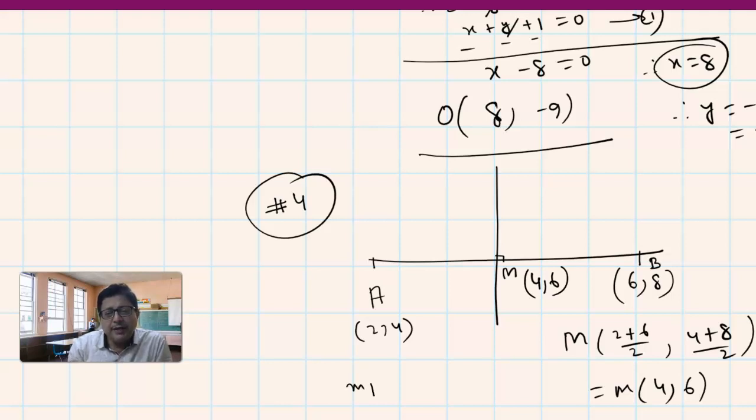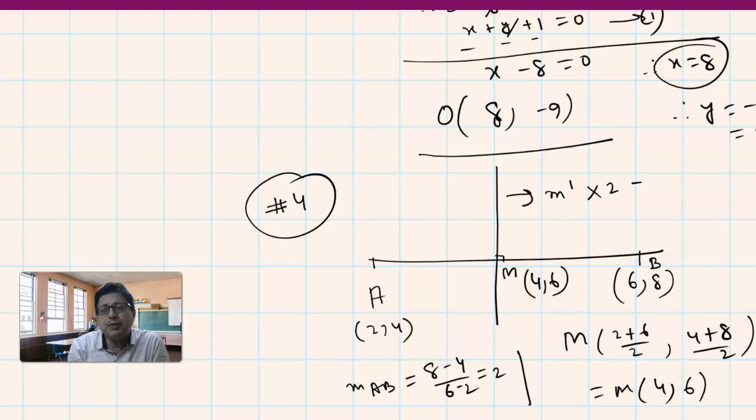The slope of AB you can all find. What is the slope of AB? It is (8 minus 4) by (6 minus 2), that is 4 by 2, that is 2. So we found the slope of this line. The slope of the perpendicular line you have already seen. Say this perpendicular line has slope m dashed. m dashed into 2 equals minus 1, so m dashed comes to be minus half.